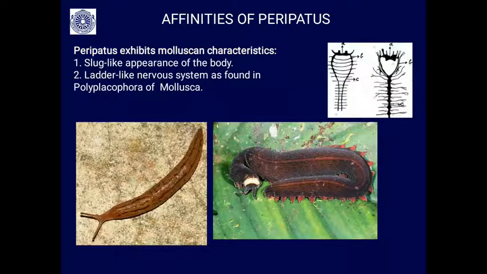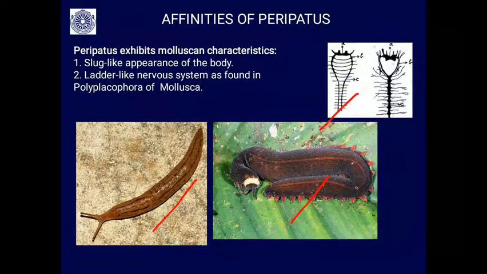Few features even resemble the mollusca. This is the slug, a shell-less mollusca. In the rainy season you commonly find this creeping, worm-like slug in your garden. The peripatus resembles the slug in its features, and more so with respect to the nervous system.